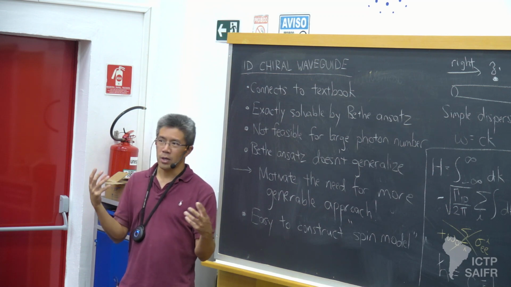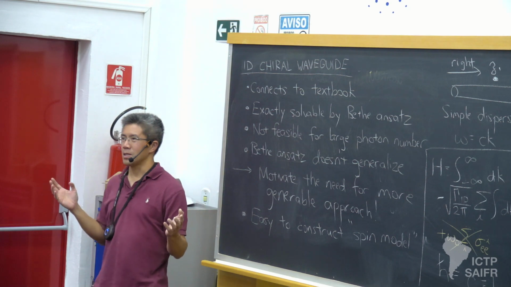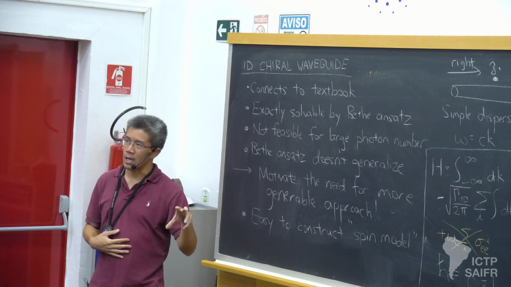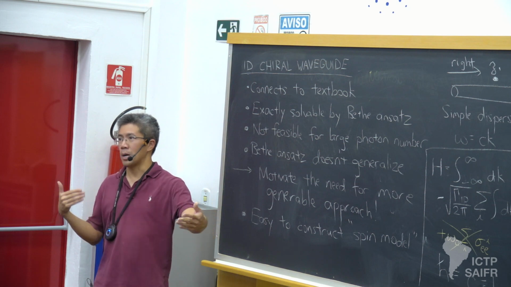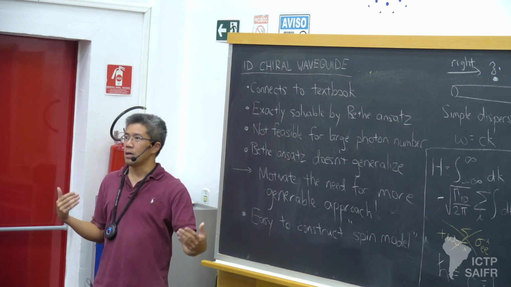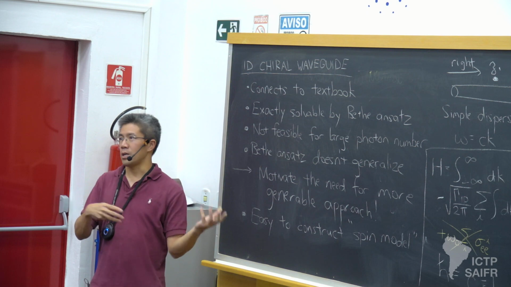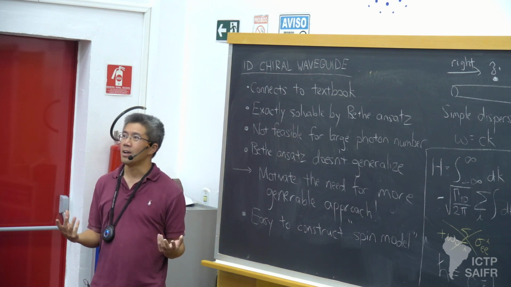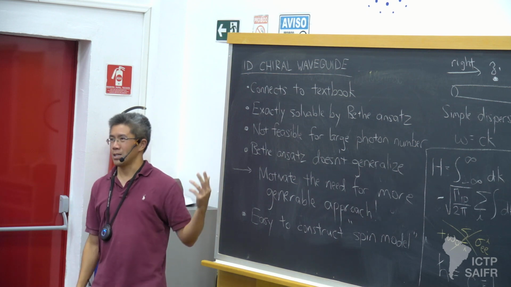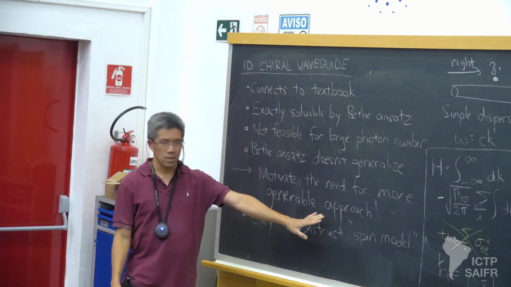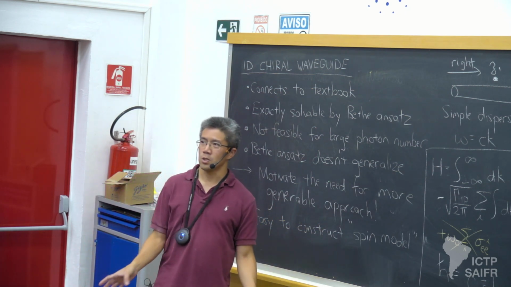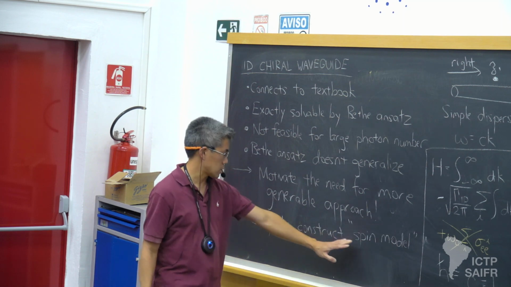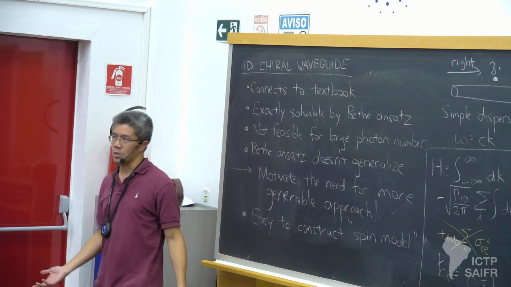Essentially, 99.99999% of that delay and dispersion will be coming from the atoms, and not from the delay of free space, not because you propagate at a finite speed of light. The fact that the speed of light could be finite or infinite and you still get the same answer means that you might as well take the speed of light to infinity. Then you can exactly integrate out the fields, and you get a much simpler description just in terms of the atom alone. That's one of the key ideas underlying the spin model.